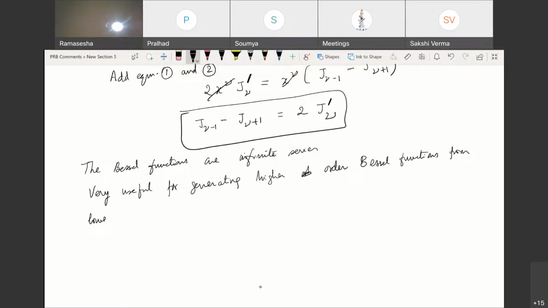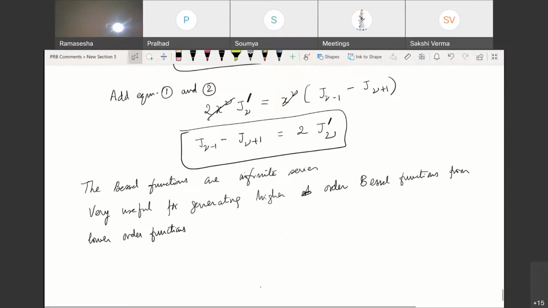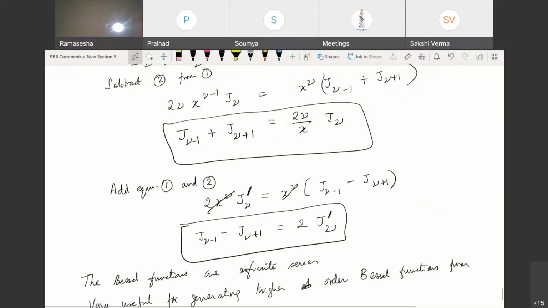You know the special function for n plus 1, then the Bessel function. Okay, here what happens?